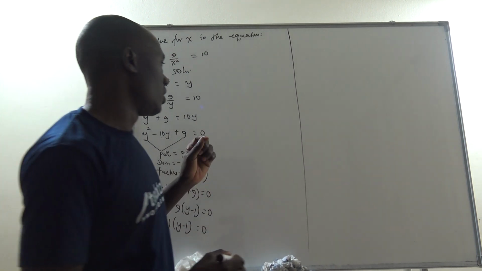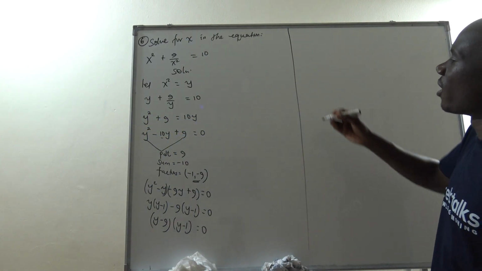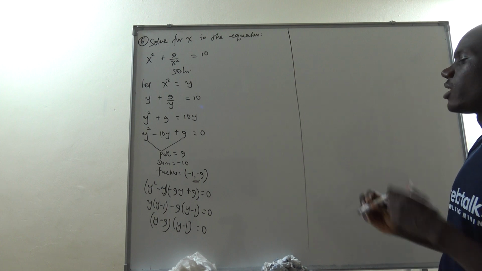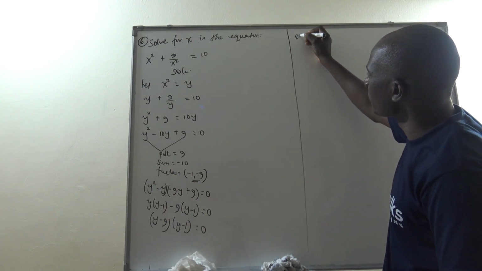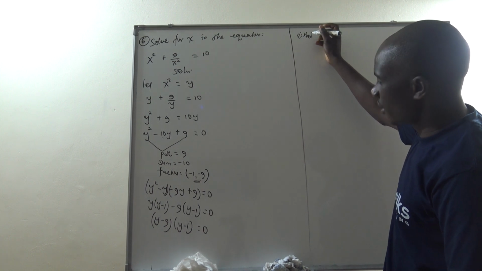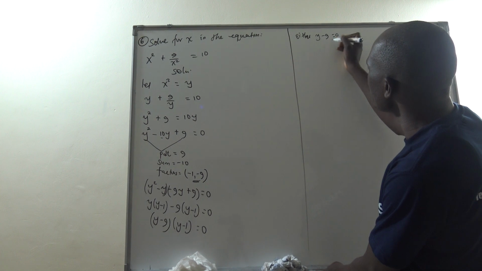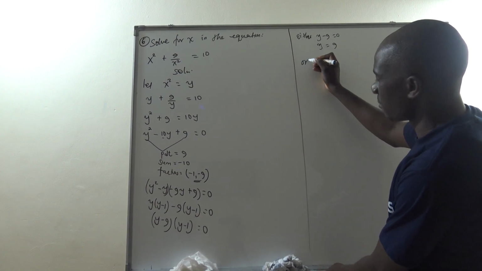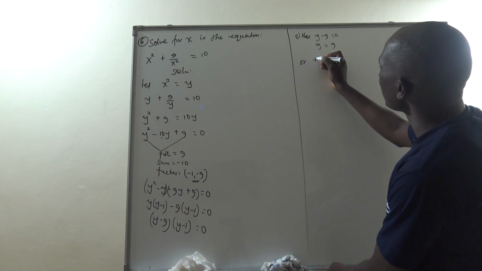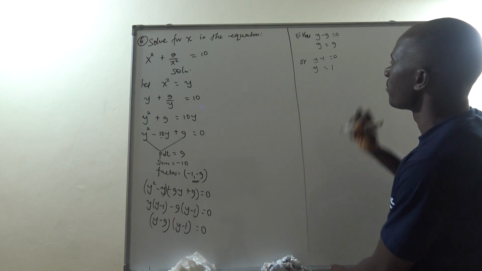From there, we need to solve to obtain the values of y. Since there are two factors whose product is equal to 0, we equate each to 0. We say either y minus 9 equals 0, which implies that y equals 9, or y minus 1 equals 0, so y equals 1.